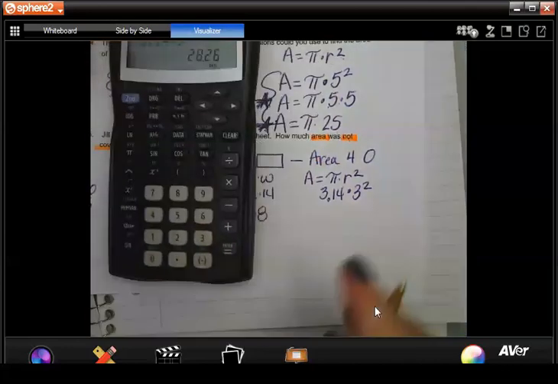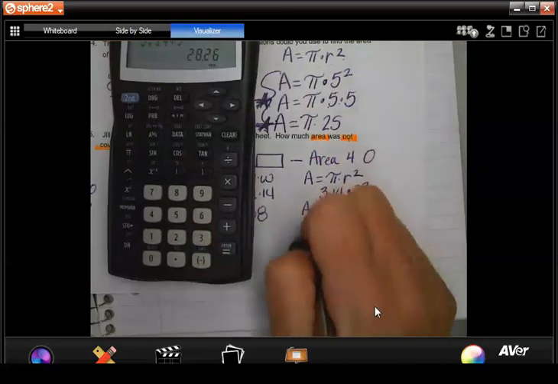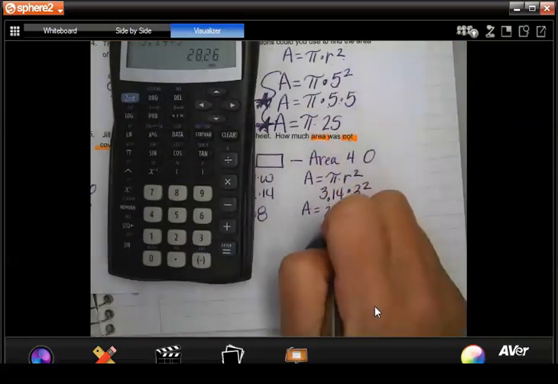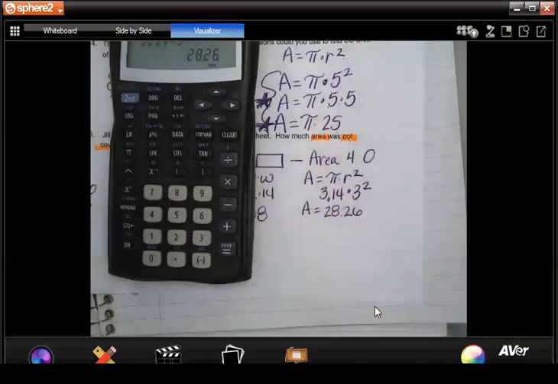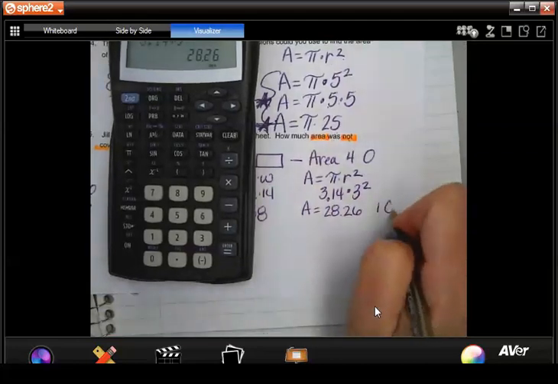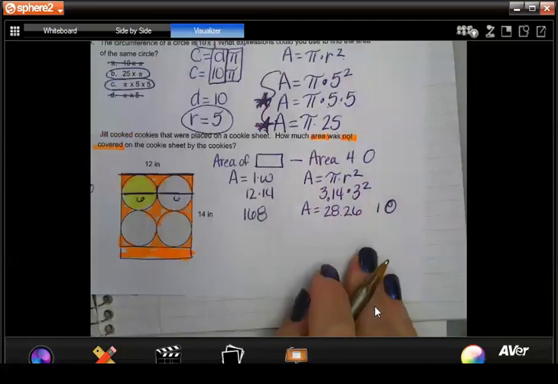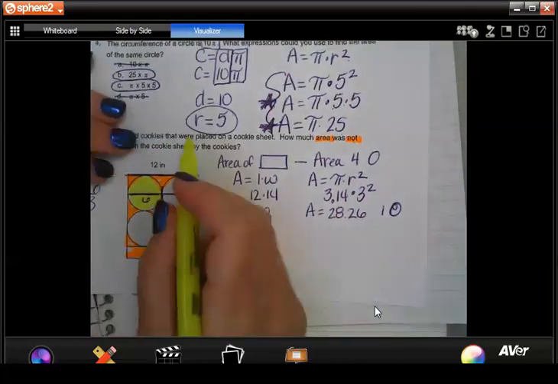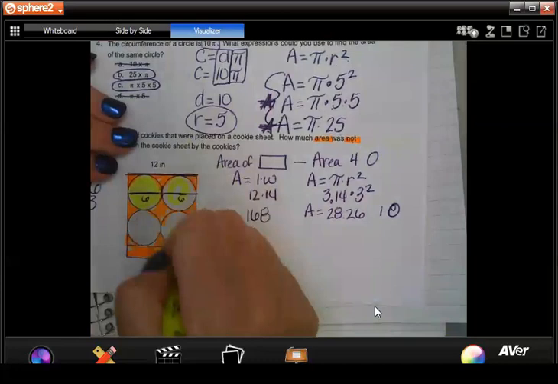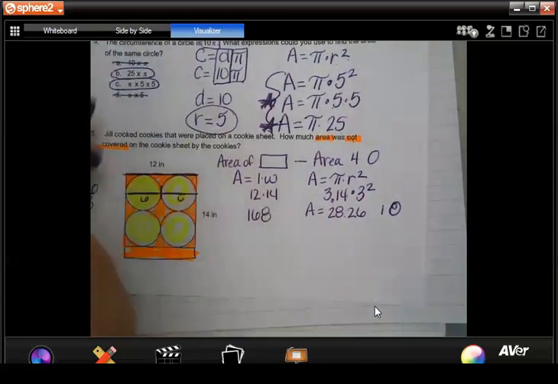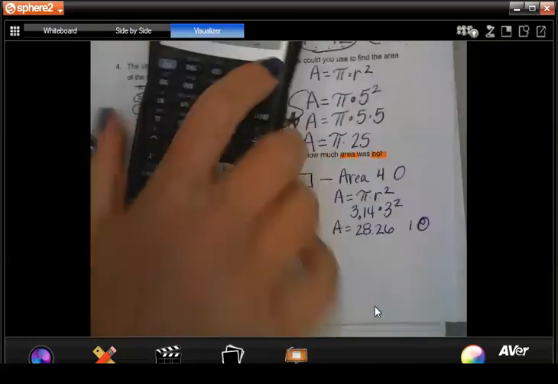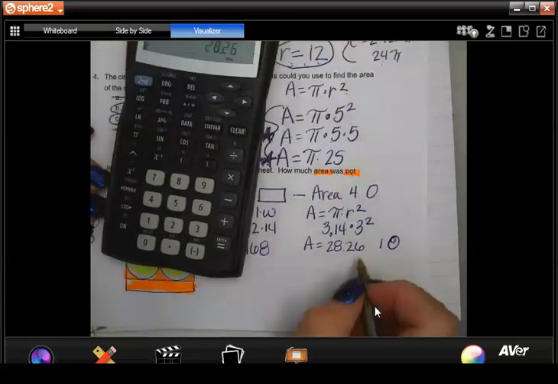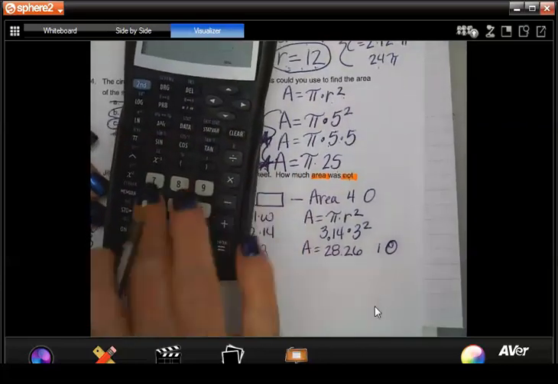So the area of one of the circles is 28.26. So that's for one circle, right? But how many cookies do we have on this cookie sheet? We have 4. So to find the total area, we're going to multiply this by 4.